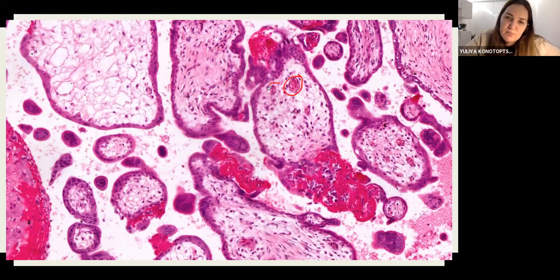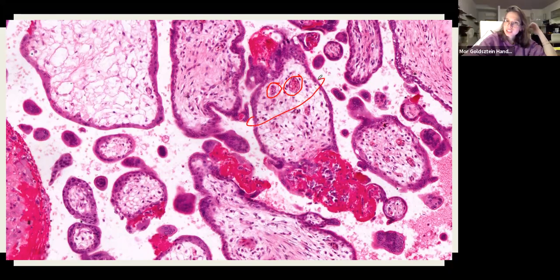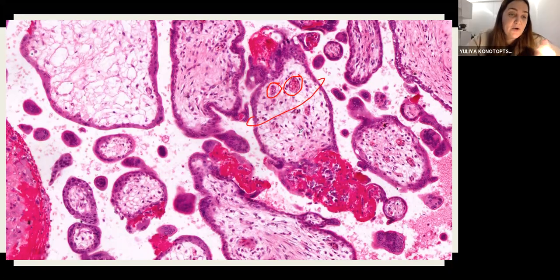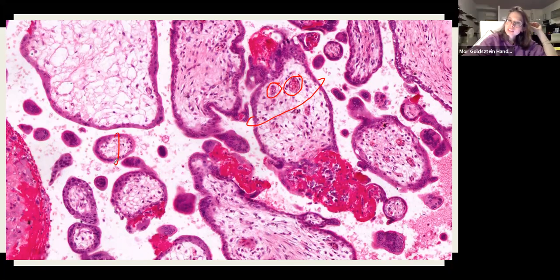If you see fetal blood vessel, that means that how do you call this entire structure? Tertiary villus. This is a branch of the tertiary villus. We cannot see the entire thing, but this is going to be a branch of the tertiary villus. What about this one? Do you see any blood vessel in it? No. So?